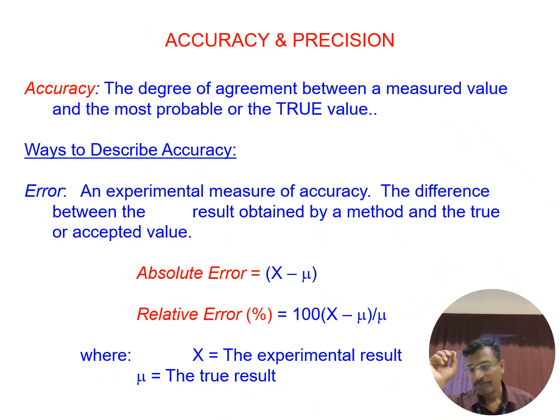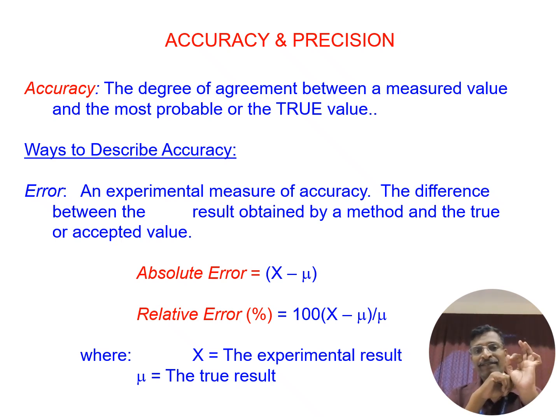Okay, wait, I think the previous one, yeah, accuracy and precision. Accuracy is nothing but the degree of agreement between a measured value and the most probable or the true value. Okay, so how can we find out an experimental measure of accuracy?